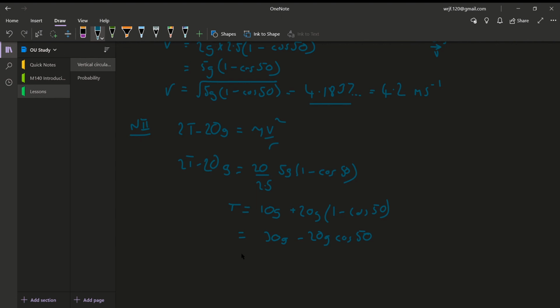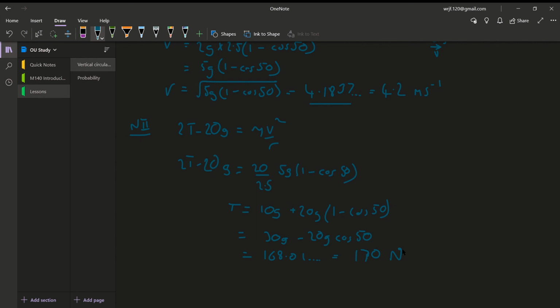I did this calculation a little bit earlier as well, and that comes out as 168.01... And again, if we round that off to two significant figures, that's going to come to 170. This is a tension, so that's going to be a force, and therefore in newtons. And remember that that's 170 newtons in each of the two strings.